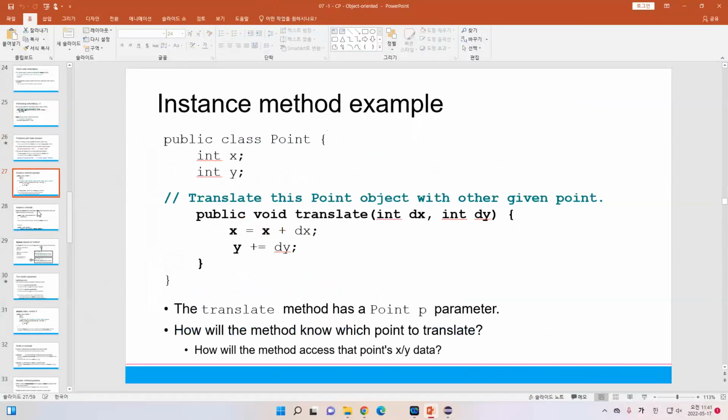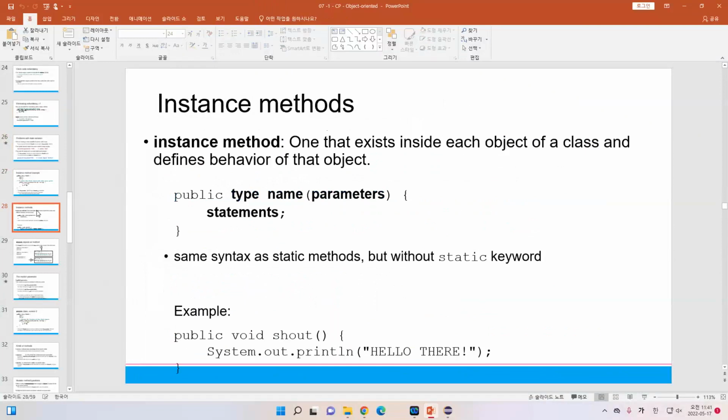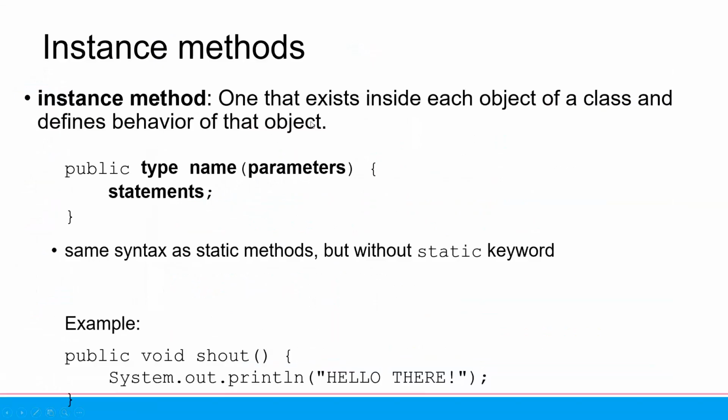Okay. So the instance method is the same as the static, but we do not use the static keyword.